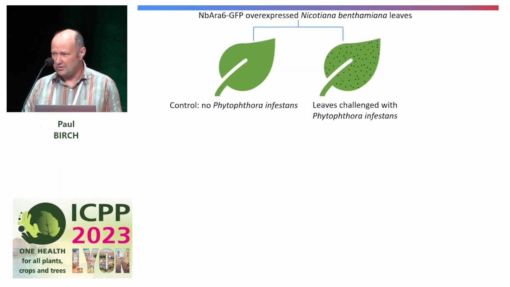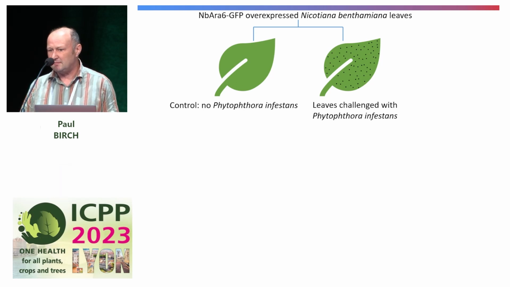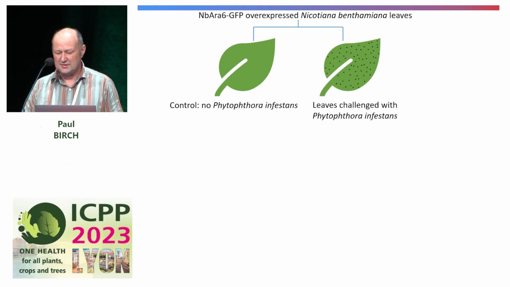So that really encouraged us to take another step, which was to perform a proteomic study, an unbiased approach, if you like, using non-transgenic Phytophthora infecting Benthamiana. So we have Benthamiana that's either uninfected or it's massively infected. This is spot inoculations of spores on the leaf surface.